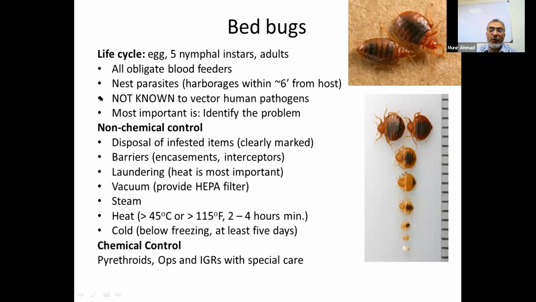For that purpose, room to room cleaning of the filter is very important. Steaming and heat are very important, especially if this problem is very severe. Even low temperature is also very good, but these are not as valid for large scale treatment.